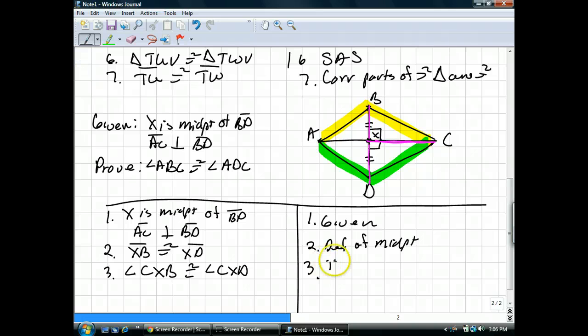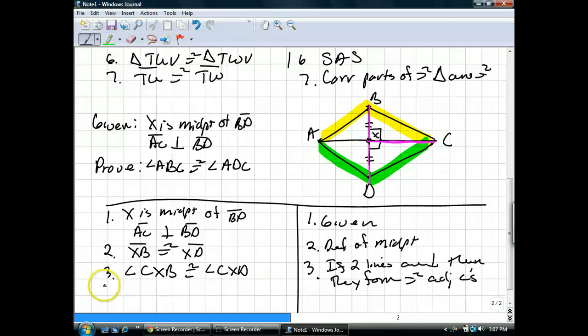So we can say if two lines are perpendicular, then they form congruent adjacent angles. We could have also said that those angles are 90-degree angles and then therefore they're congruent. So that's another way that we could have gotten there, okay?